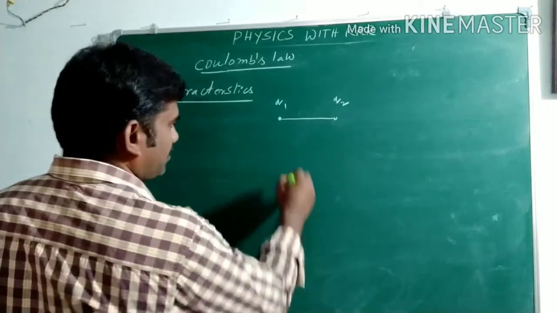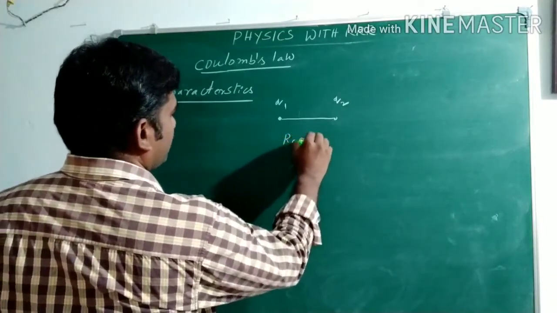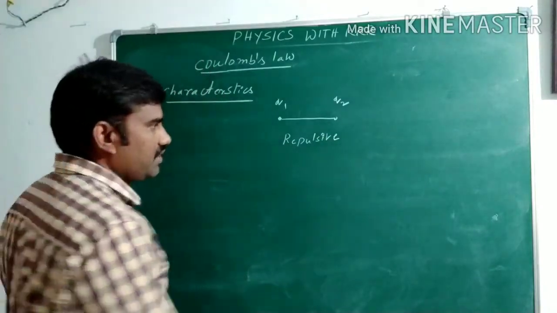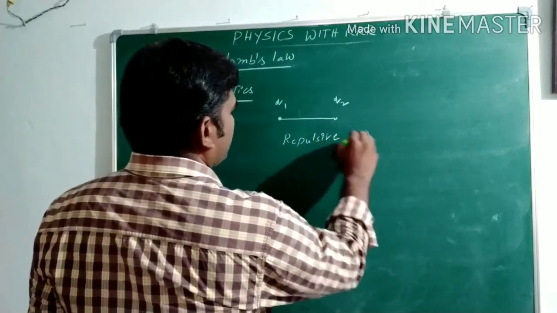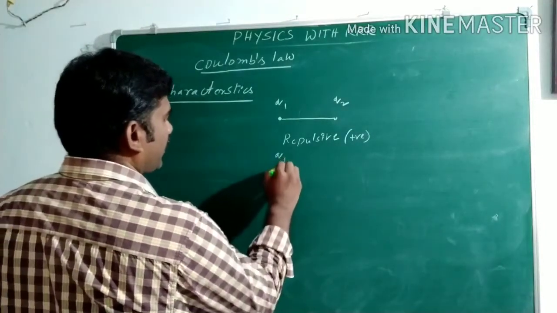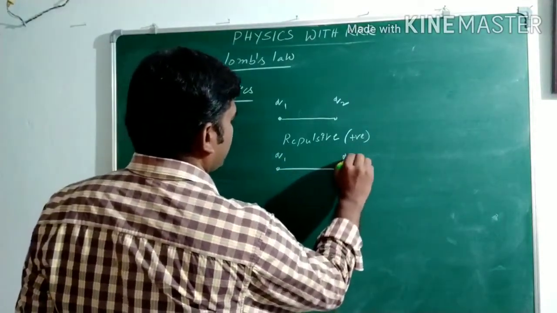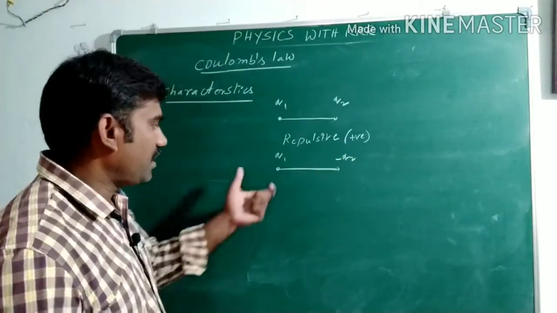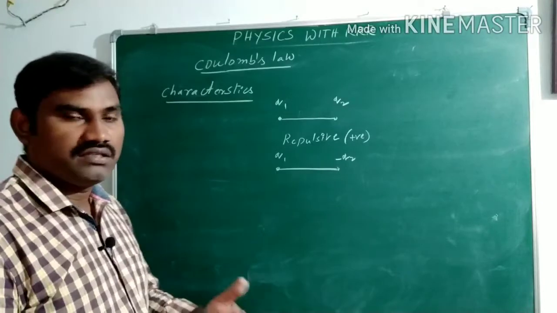So like charges experience repulsive force. Repulsive force is positive. Whereas unlike charges, this is Q1 and this is minus Q2. These are unlike charges. Unlike charges experience attractive force.